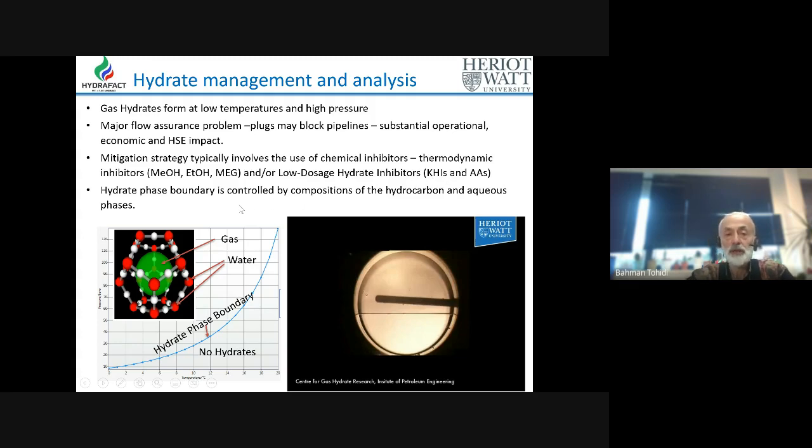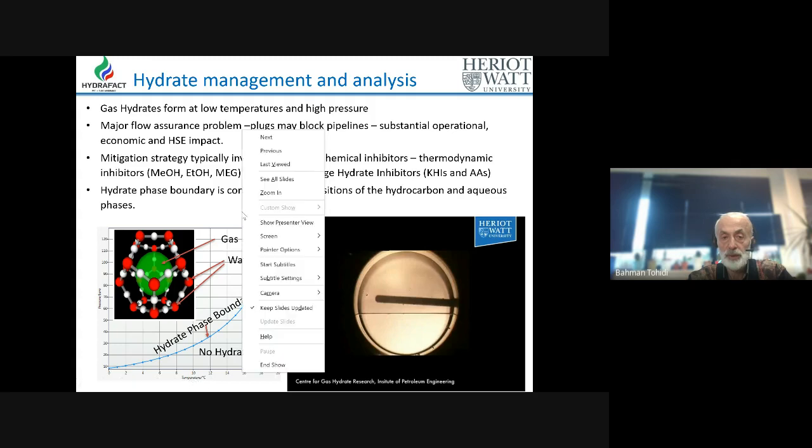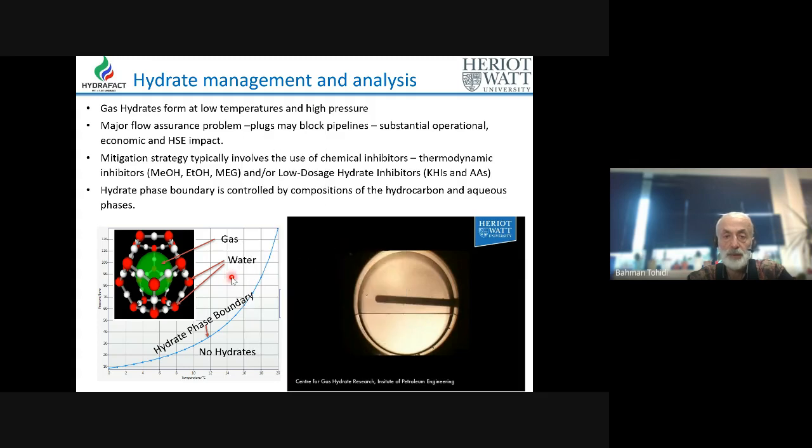One point that I want you to remember is the hydrate phase boundary. This is the hydrate phase boundary. Let me show you. This line shows the hydrate phase boundary.